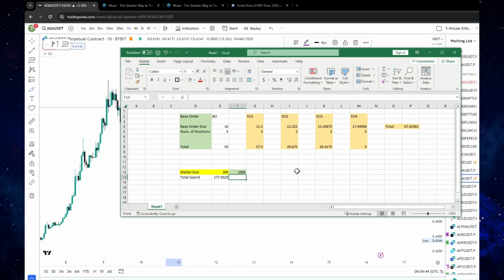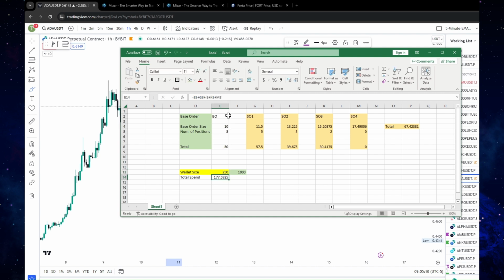And if you want a simpler rule for wallet size calculation, consider this rule of 1/4. Base order size multiplied by position size, that's your base order, and then multiply this by 4, and that's your wallet size. If you want, you can multiply it by 5.